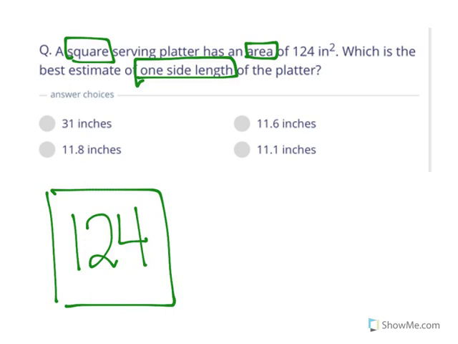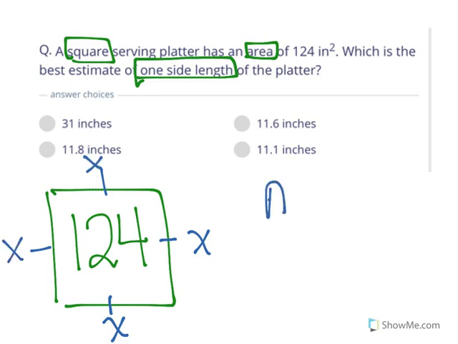One thing I know about squares is that all the sides of a square are equal. So let's say this side is x, because I don't know the side length. I know that x is the same side length as every other side.